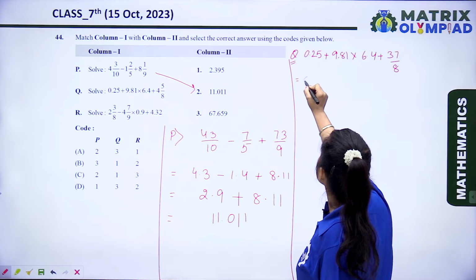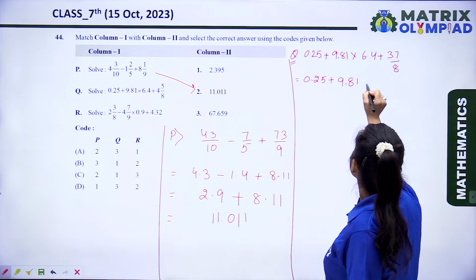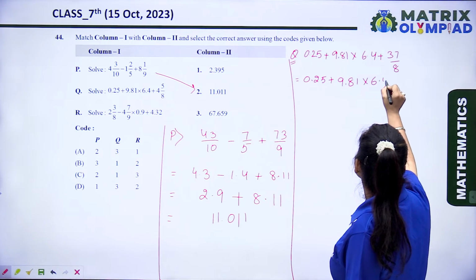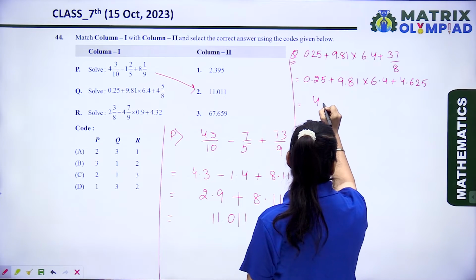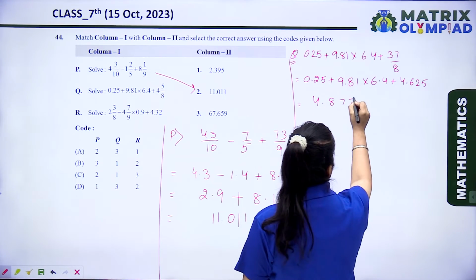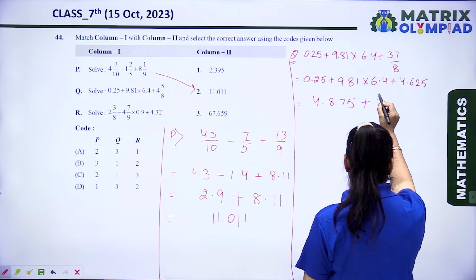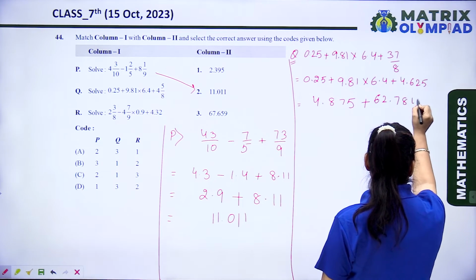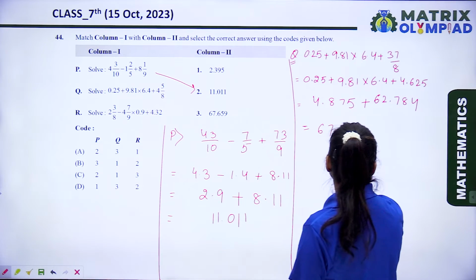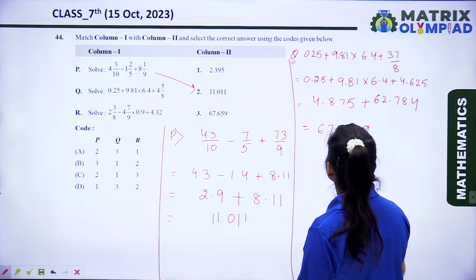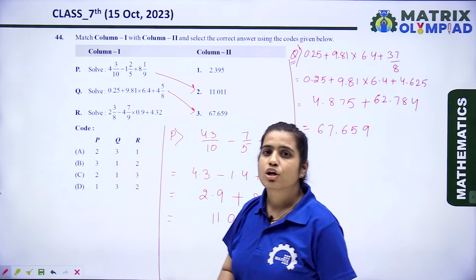So here let's convert it into the decimal part. So here for the Q part, we have the third option.